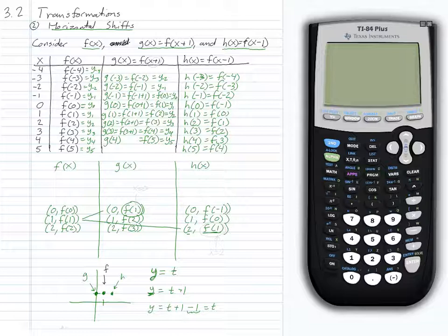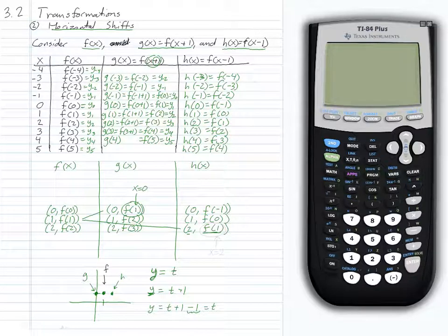So f of 1 requires a 1 inside, and looking at what's inside of our function, I have x plus 1, so my x value must be 0. It's 1 less than the x value that I'm shooting for. And that's why we see our horizontal shift to the left.